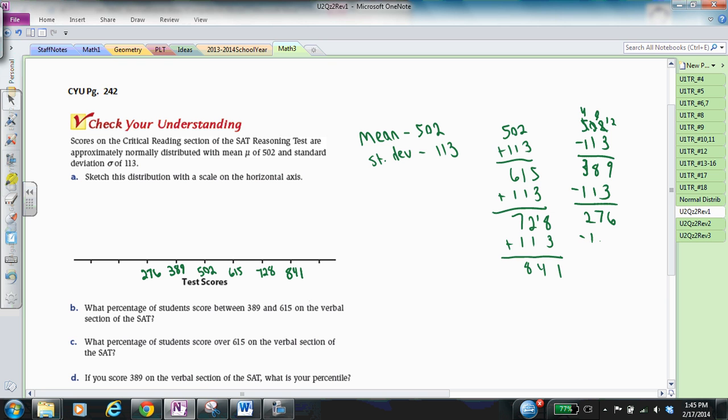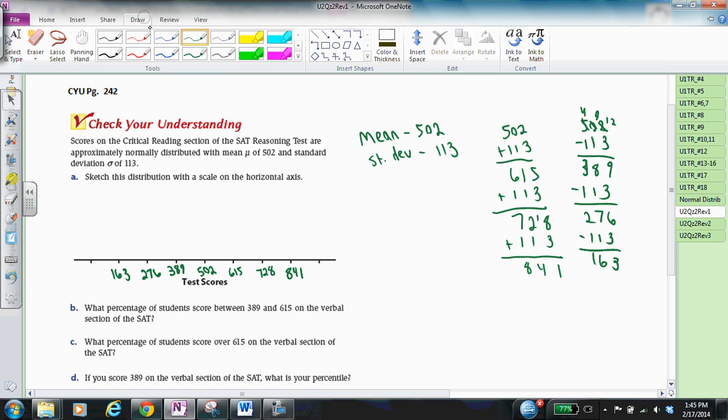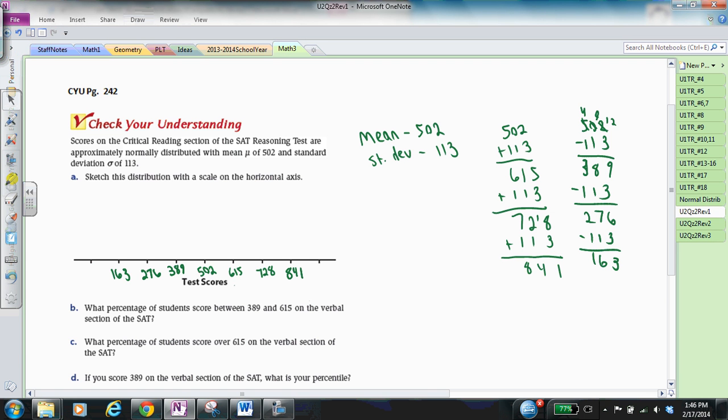And then 276 minus 113, that's 163. So that's 3 standard deviations below. So this is 1 standard deviation above, 2 above, and 3 above. This is 1 below, 2 below, and 3 below.